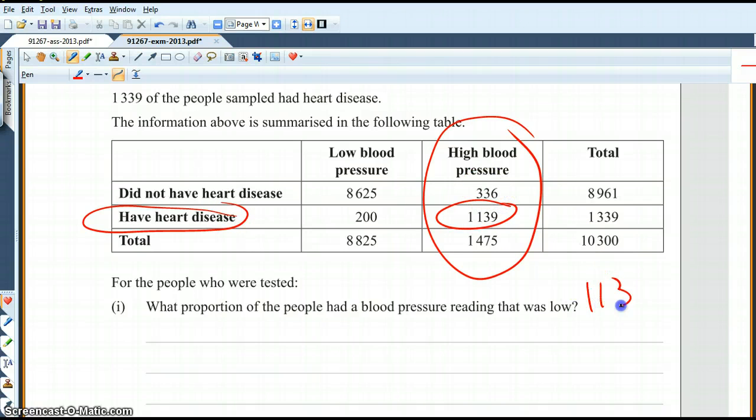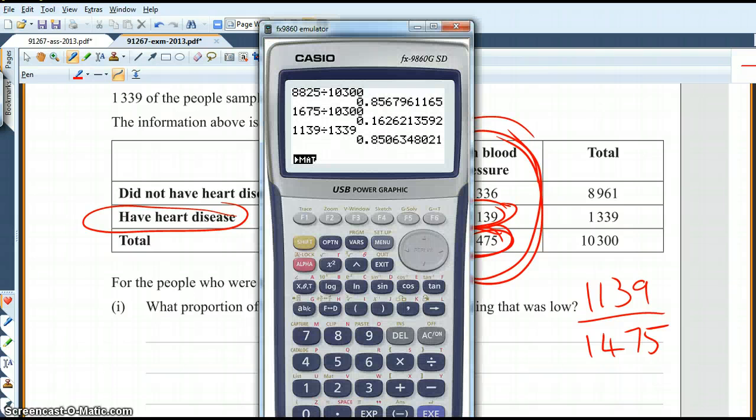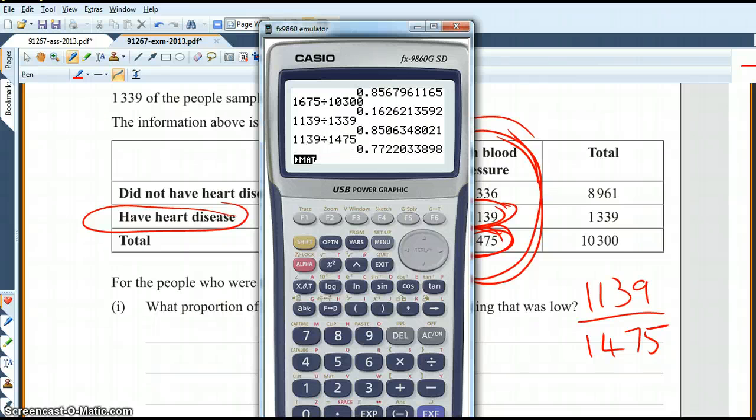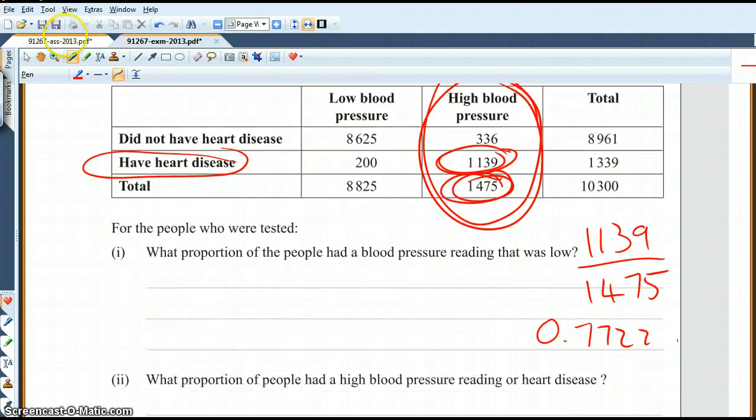So we've got 1139 over 1475. So we have heart disease and high blood pressure over everyone who has high blood pressure. So that's going to be our 1139 over 1475. So we've got 0.7722.